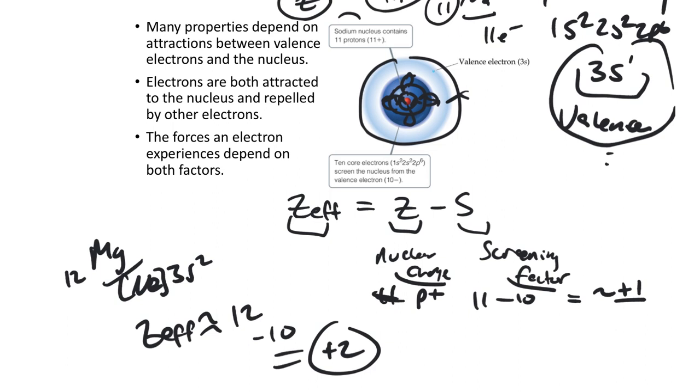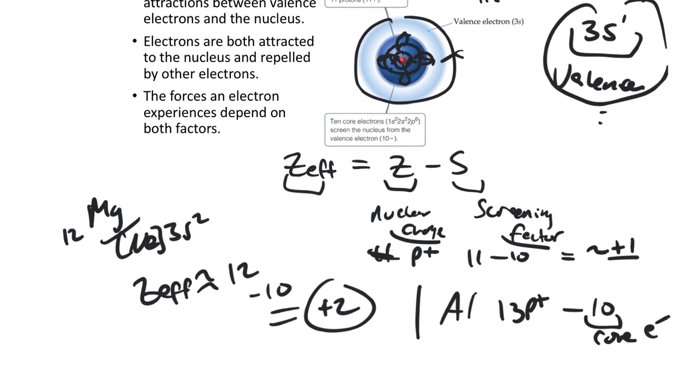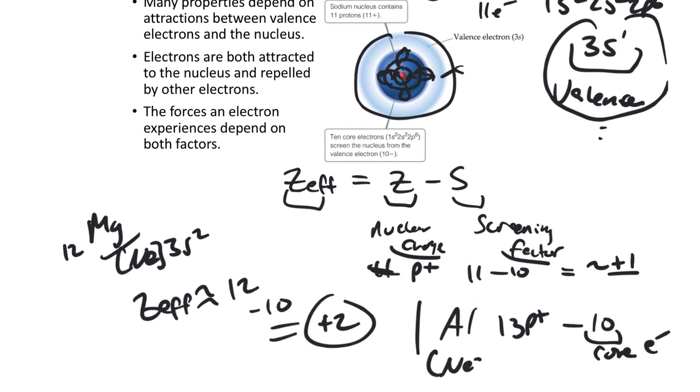If you then go to aluminum, aluminum is a 3s2, 3p1. Aluminum has 3 valence electrons. So if you look at aluminum, 13 protons, and then minus 10 core electrons, because aluminum's configuration is neon 3s2, 3p1, these 3 are our valence electrons.